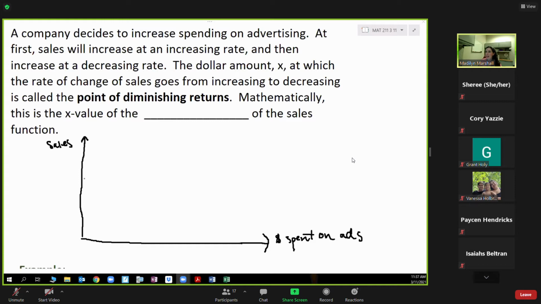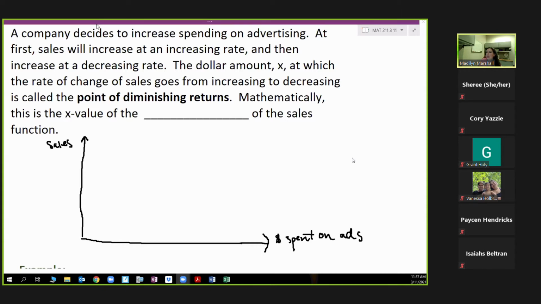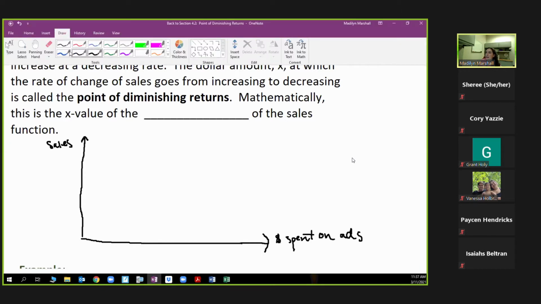So this company is going to spend on advertising. And as they spend on advertising, sales are going up. So this function is going to be increasing on the whole interval that we're looking at. It says at first, sales will increase at an increasing rate.